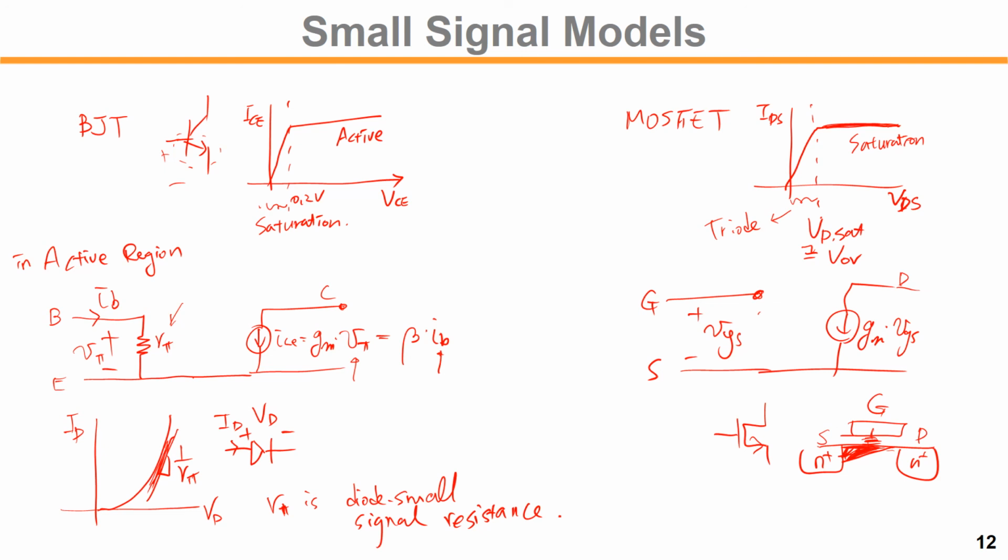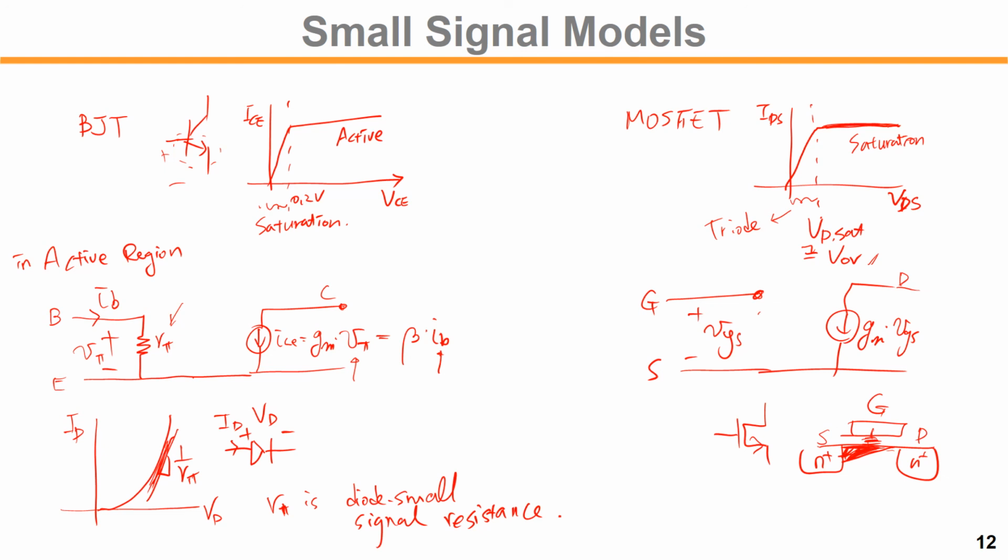In MOSFET we have a saturation region when the VDS is greater than VDS,sat, that is equal to the overdrive voltage here. Saturation region has a different meaning in BJT and MOSFET. So in the BJT, we don't want the BJT device in saturation. We want it to be in active. But in MOSFET, we want it to be in saturation for current sourcing.